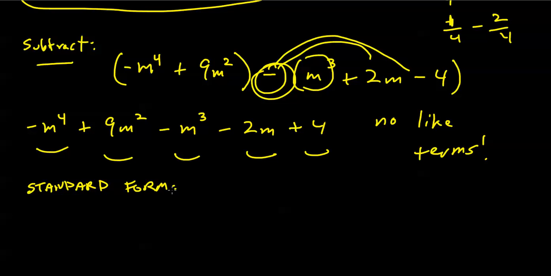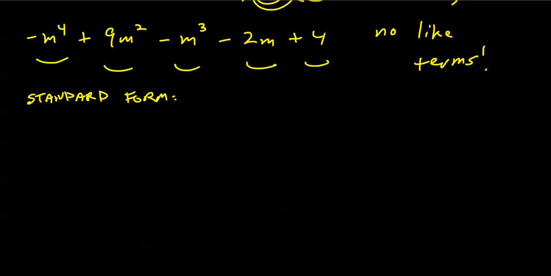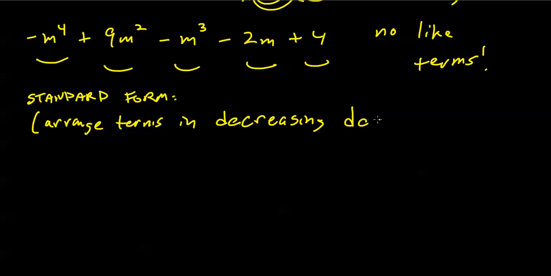Of course, addition is commutative and associative, so I can rearrange these terms in any order I like. Standard form means arrange the terms, or the monomials, in decreasing degree, and of course implies left to right.